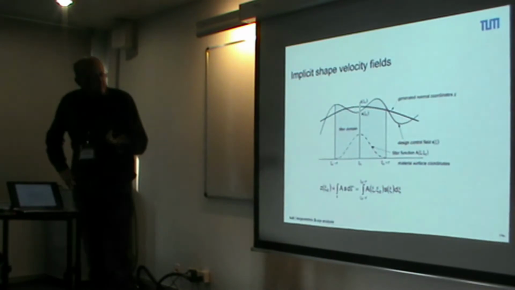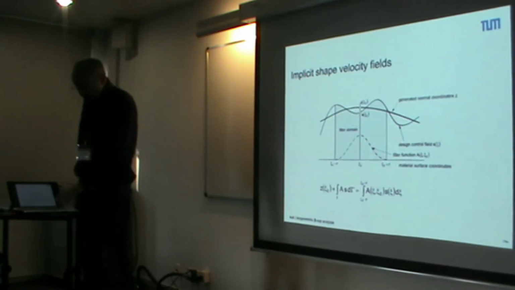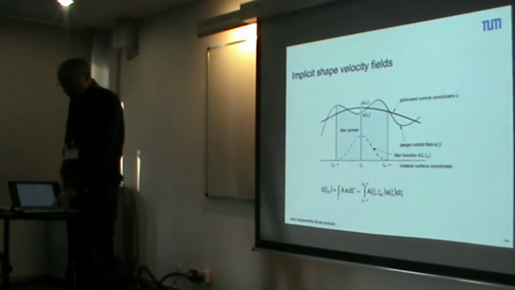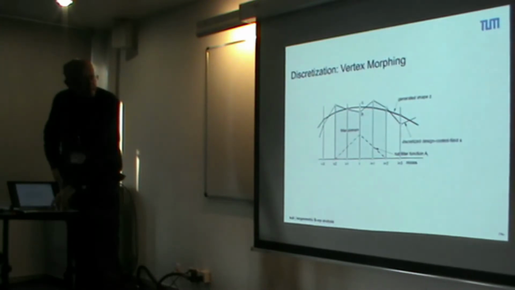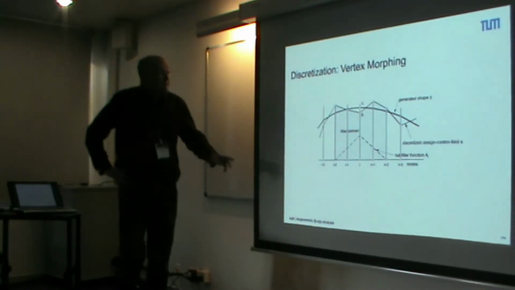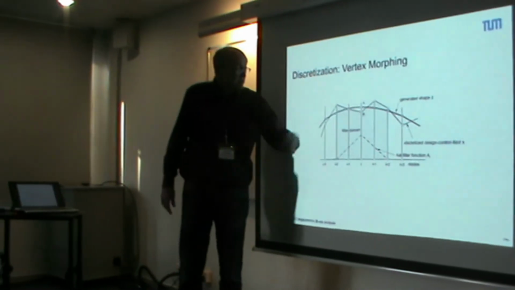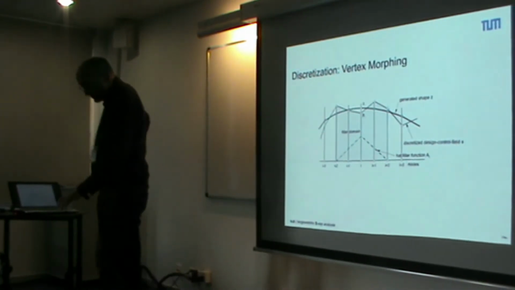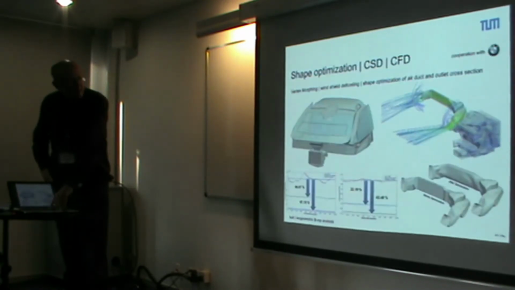Taking derivatives of that, we have an implicit definition of shape velocity fields, allowing us to deal with an almost infinite number of design degrees of freedom in optimization. And we call it vertex morphing because in the discrete manner we deal with more or less discontinuous C0 shape functions, and we have vertices.